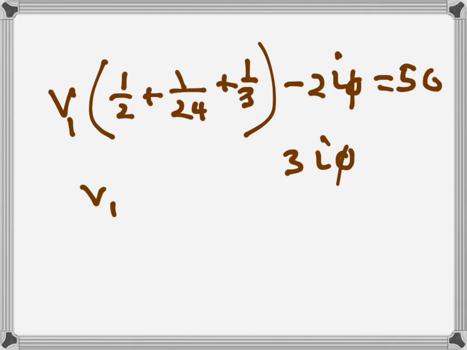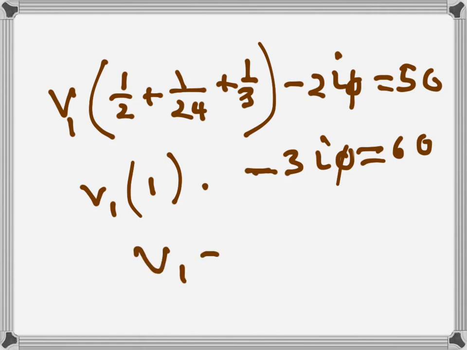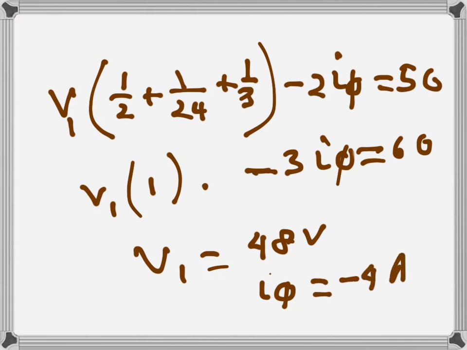So the coefficient is minus 3I5, and that equals 60, lots of mistakes, so the coefficient of V1 here is 1 basically. So once I plug this in a linear solver, what I get is V1 to be 48 volts and I5 to be minus 4 amps. That means I5 is in the opposite direction and the value is 4 amps.